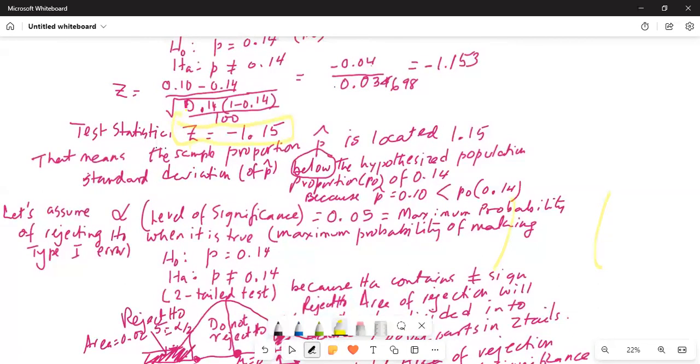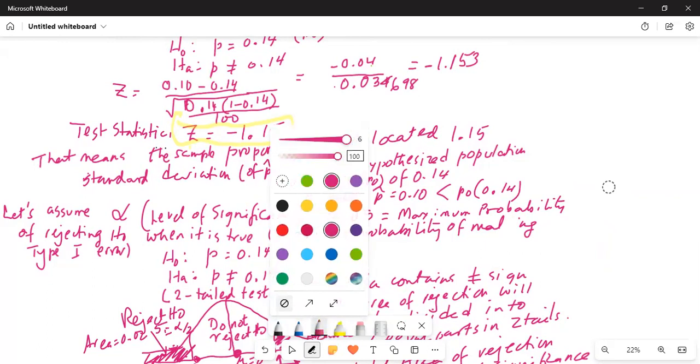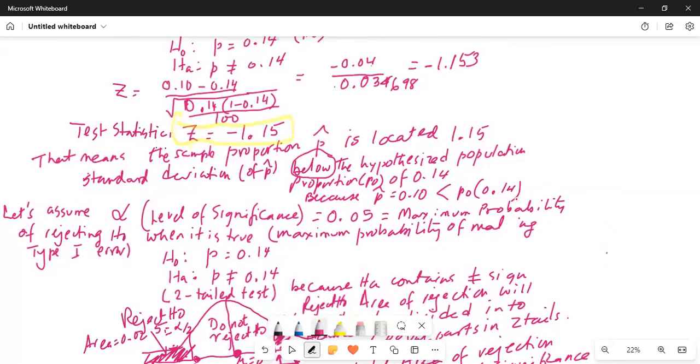Level of significance is the maximum probability of making type 1 error. So my test statistic is minus 1.15.